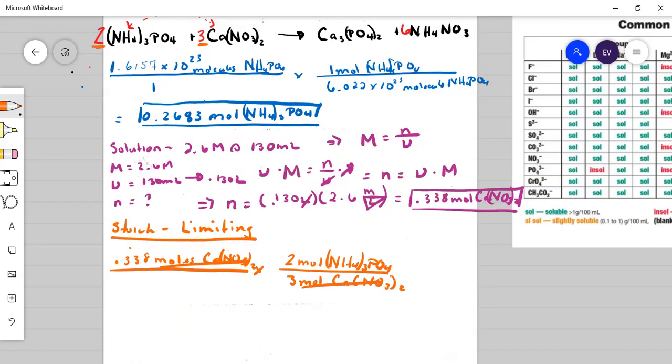So when you set your mole ratio, whatever unit is here needs to match the one at the bottom, so you have a cancellation. So you have a unit conversion. So 0.338, I'm going to multiply everything across the top, times 2 is equal to 0.676 moles of ammonium phosphate, divided by 3.